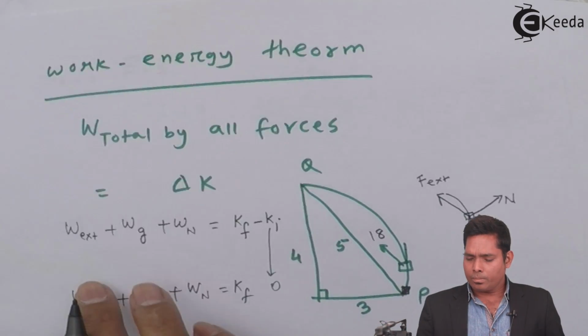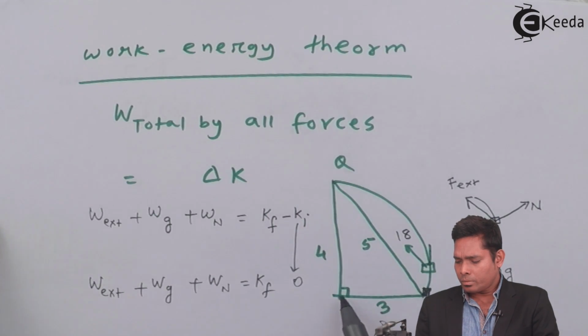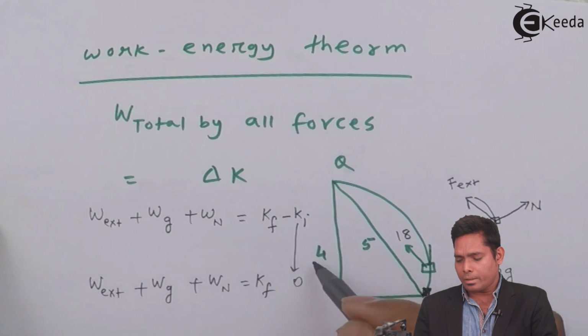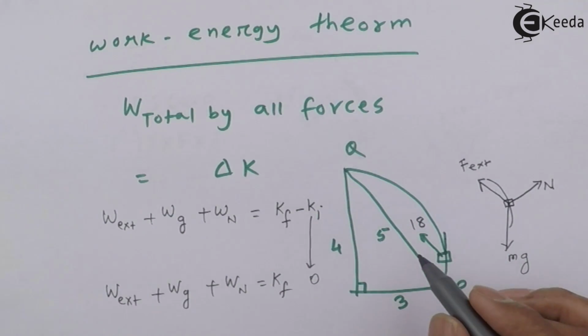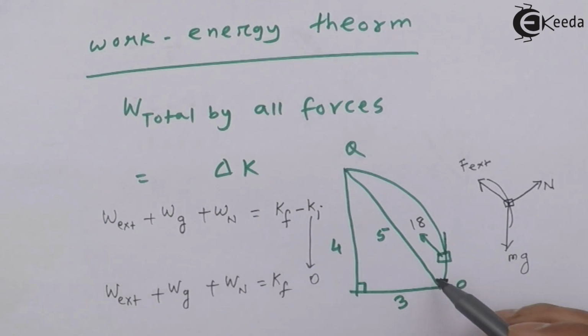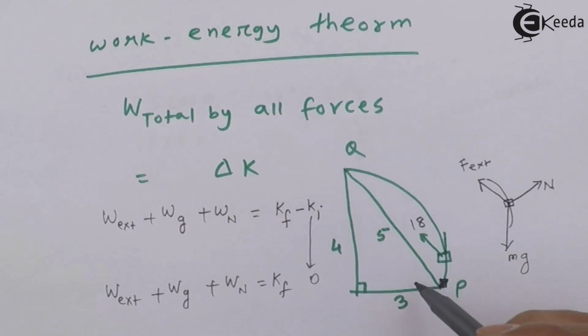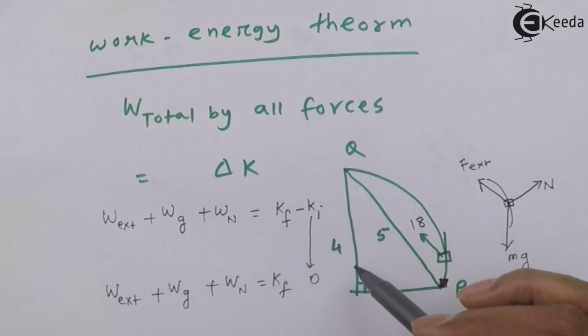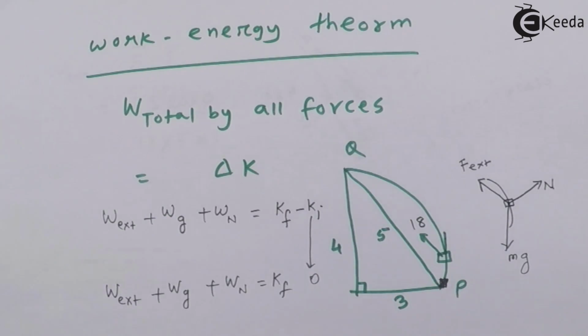When the body moves from here to here, this is the vertical height. In case of gravity, the distance moved in the vertical direction is this.